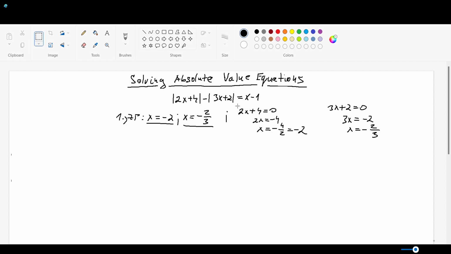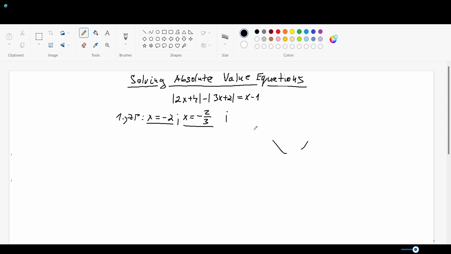Now the next step, if you still need this, you can sketch the number line, which basically means here is my negative 2, here is my negative 2 over 3, and by the way here is 0, but we don't need this information.